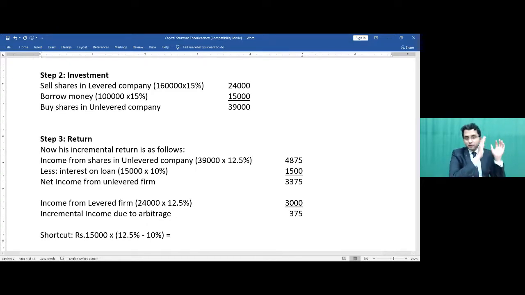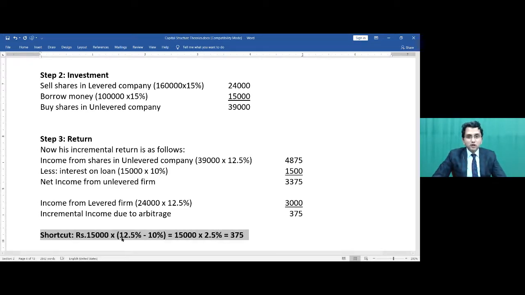So I borrowed money from the market at the rate of 10% and I invested that money into equity shares where my earning is 12.5%. So on 15,000 rupees of loan, I'm earning 2.5%. 15,000 into 2.5% is nothing but 375.